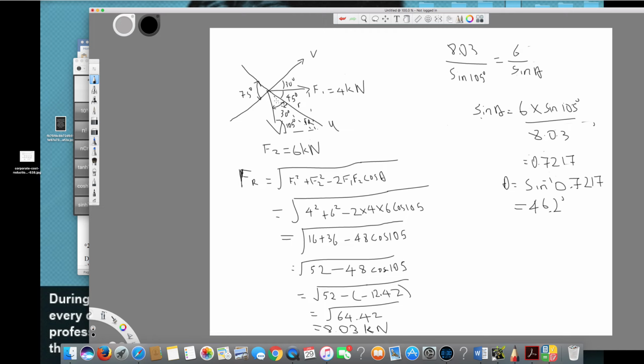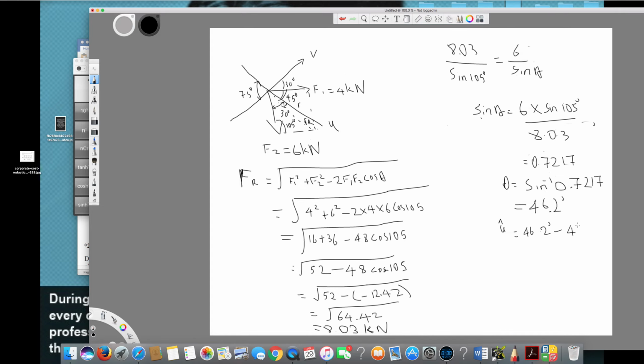We have found the whole angle that the resultant force makes, but we need it only from the U. So we have to subtract the U angle, 45, from the 46.2.